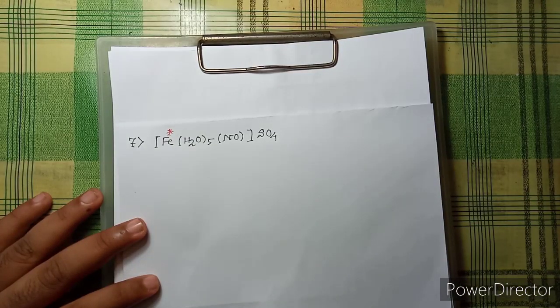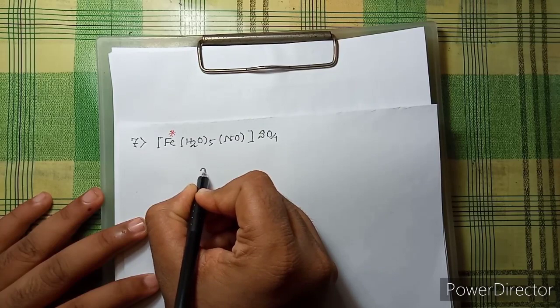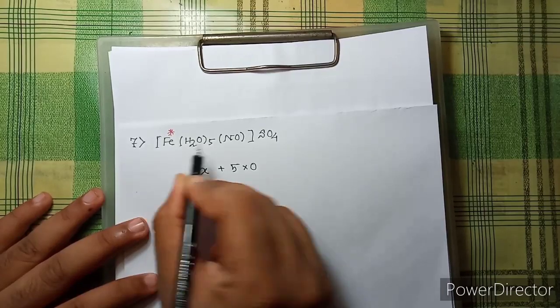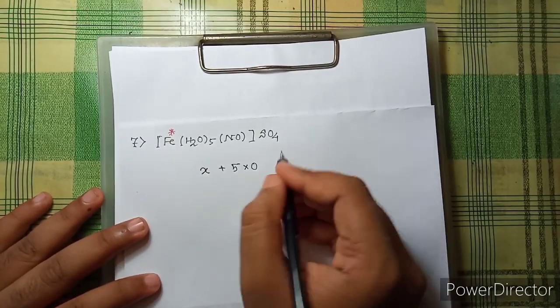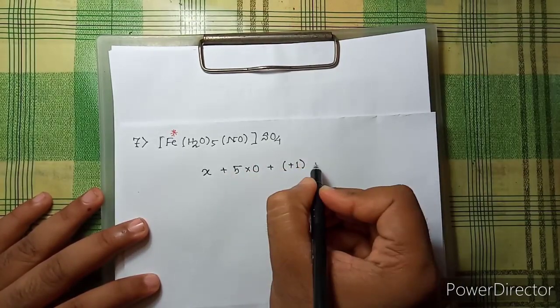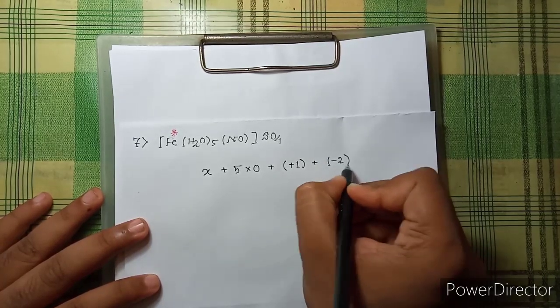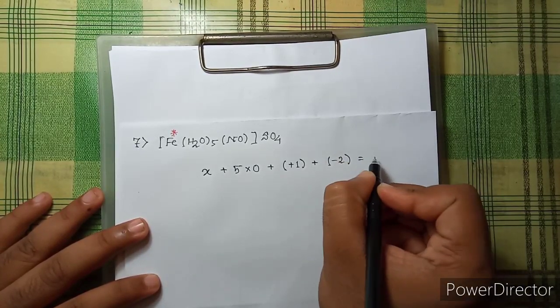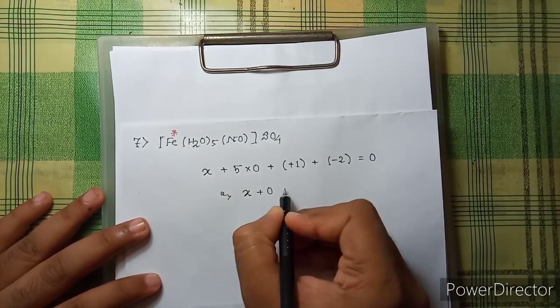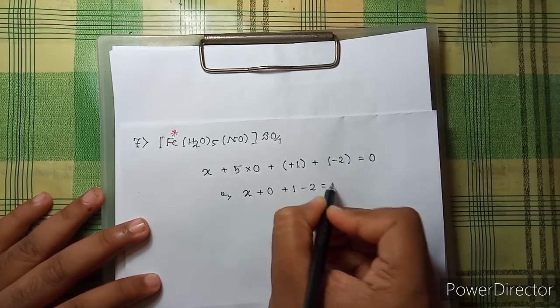Next, this is a very well known compound. It is the brown ring compound, and here we have to calculate the oxidation number of iron. Let the oxidation number be X. So here X for this iron atom, plus 5 into 0 for the H2O molecules as they are neutral ligands, plus 1 for this nitrosonium ion, plus minus 2 for this sulfate ion, and the overall oxidation number is 0, or X plus 0 plus 1 minus 2 equals 0.